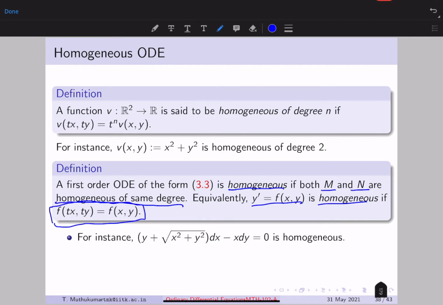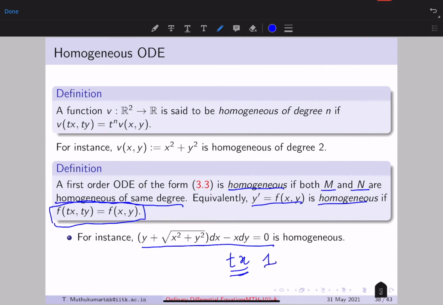As an example, you can look at this ODE in the differential form. This is homogeneous. Why? You can verify that wherever you have x and y, if you plug in tx and ty, here you are going to get t times x. So this is homogeneous of degree 1.